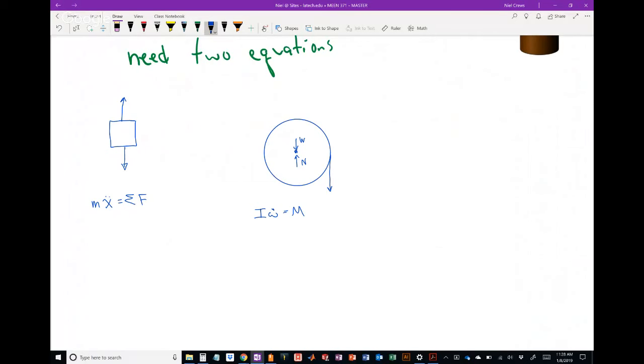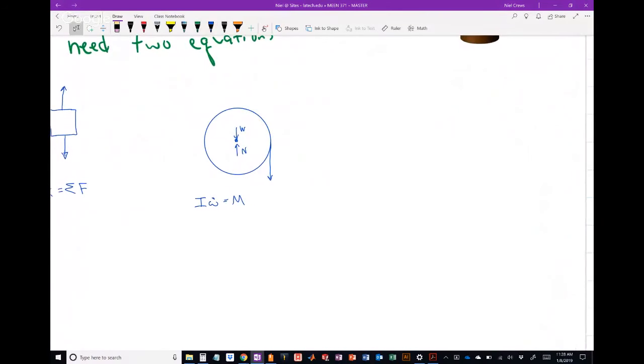A third place that you could get an equation is to draw this as your system. If this is your system, you now have gravity pulling down here on the weight.